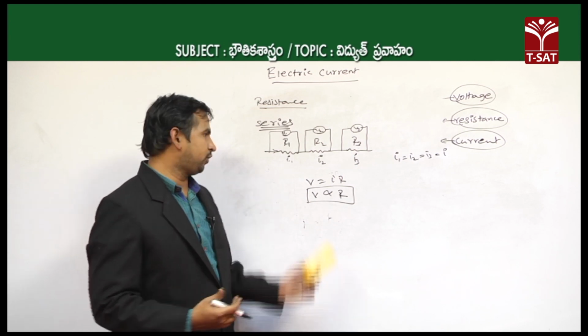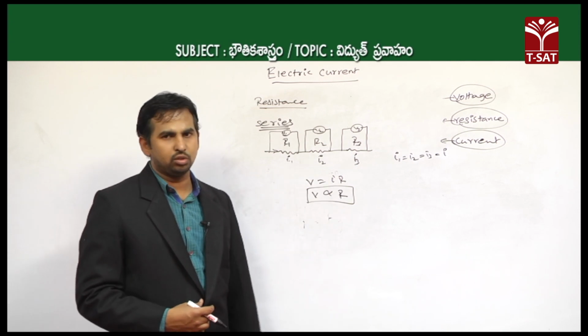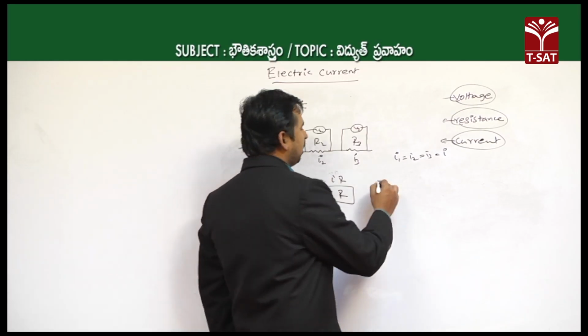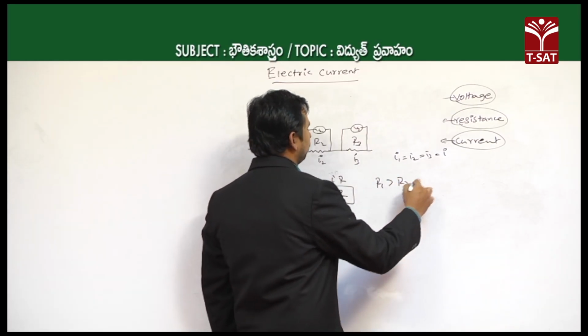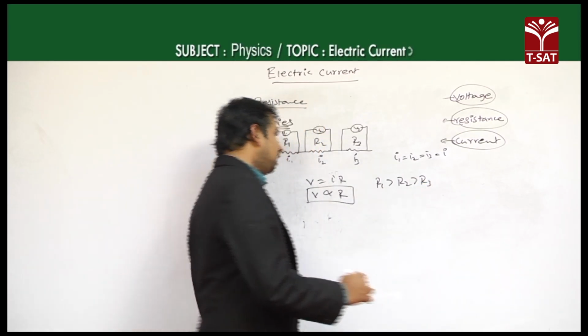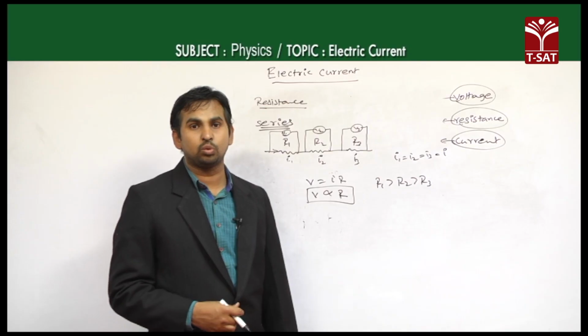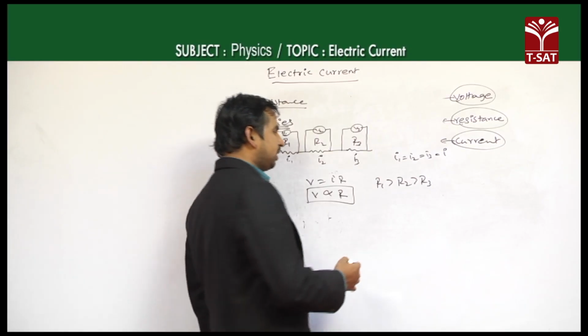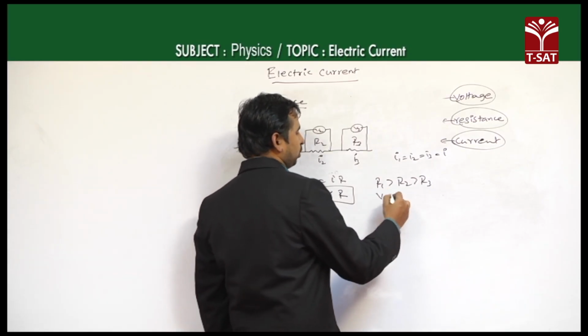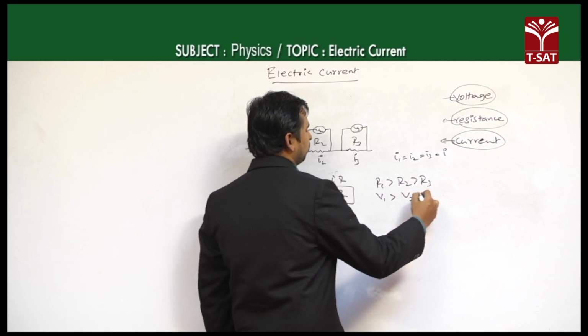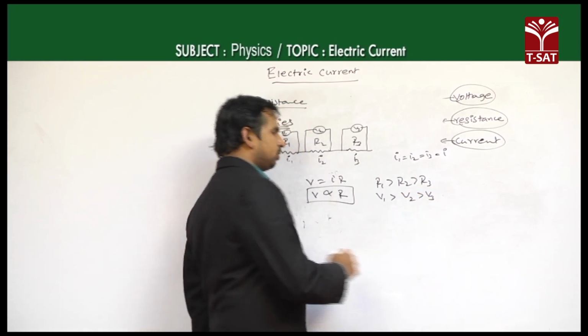For example, if R1 is greater than R2, greater than R3, then the voltage drop at R1 is more, and V2 and V3 correspondingly follow.